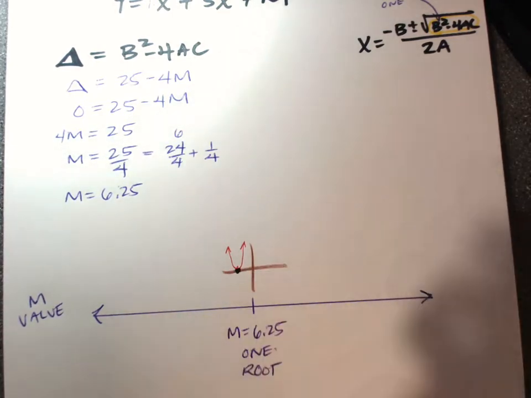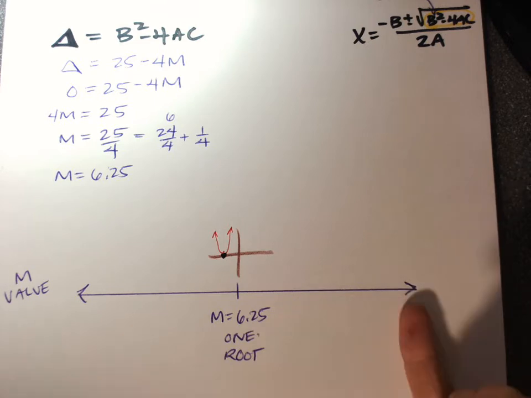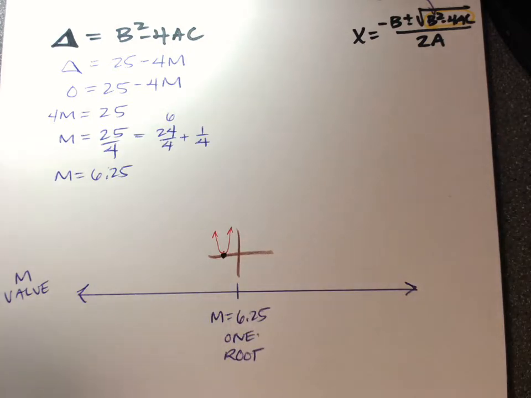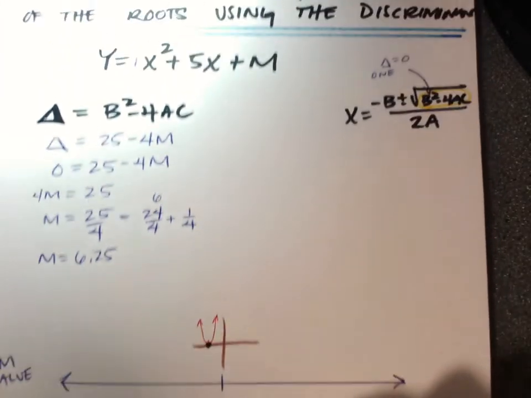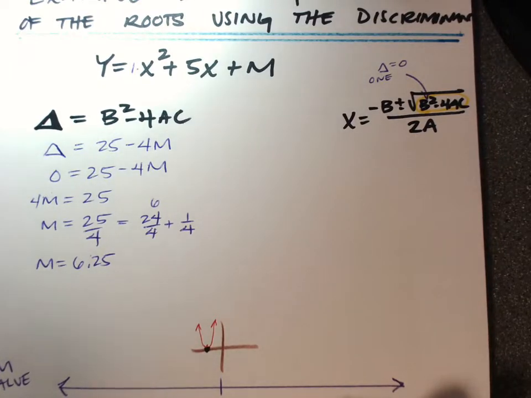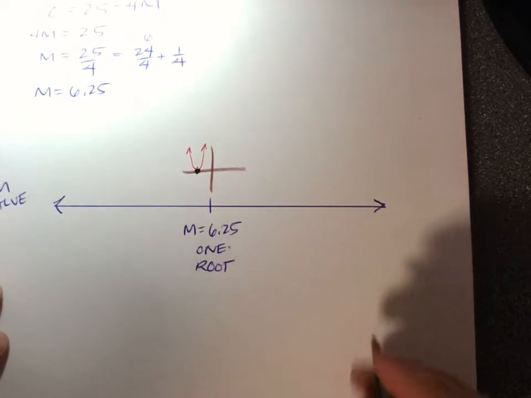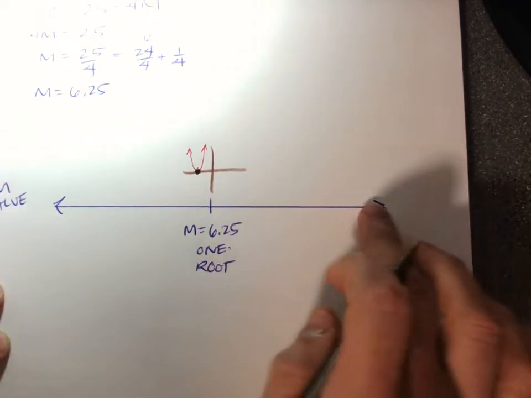Okay. Now the question is, are the numbers on the number line that are greater than 6.25, what do they do? And we don't know. So we're going to have to test here. Let's go back to the discriminant. Let's test some number on this number line.